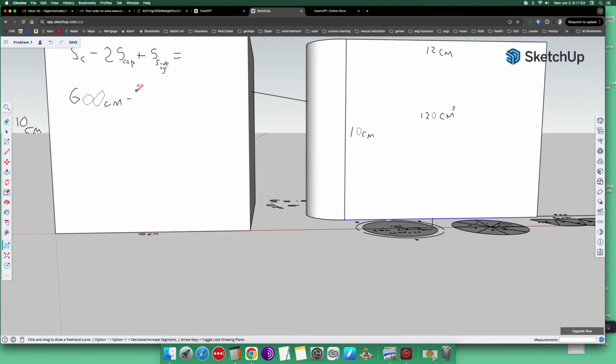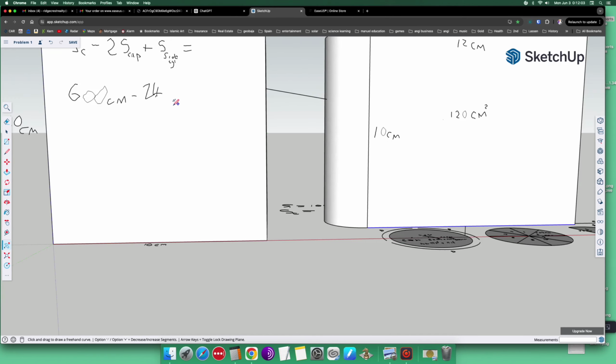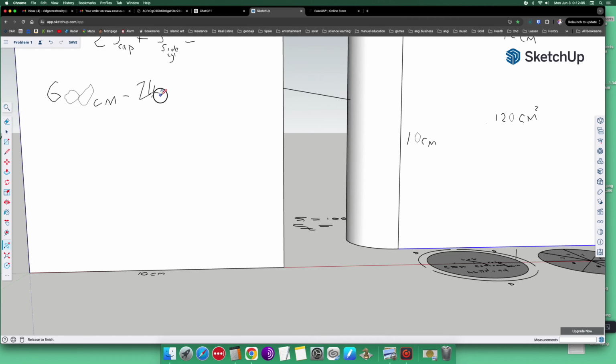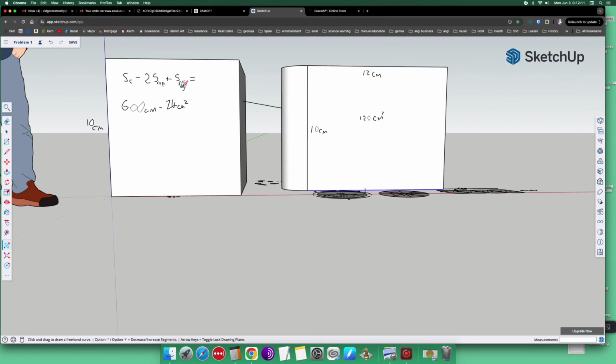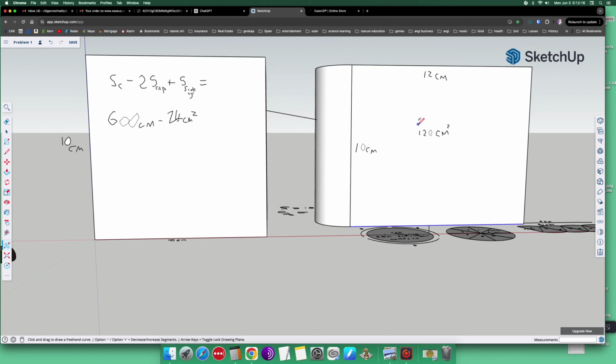So that means the top and bottom that have disappeared are equal to 24 centimeters squared. And then we have plus what we added from the side of the cylinder. Remember, that's right here.